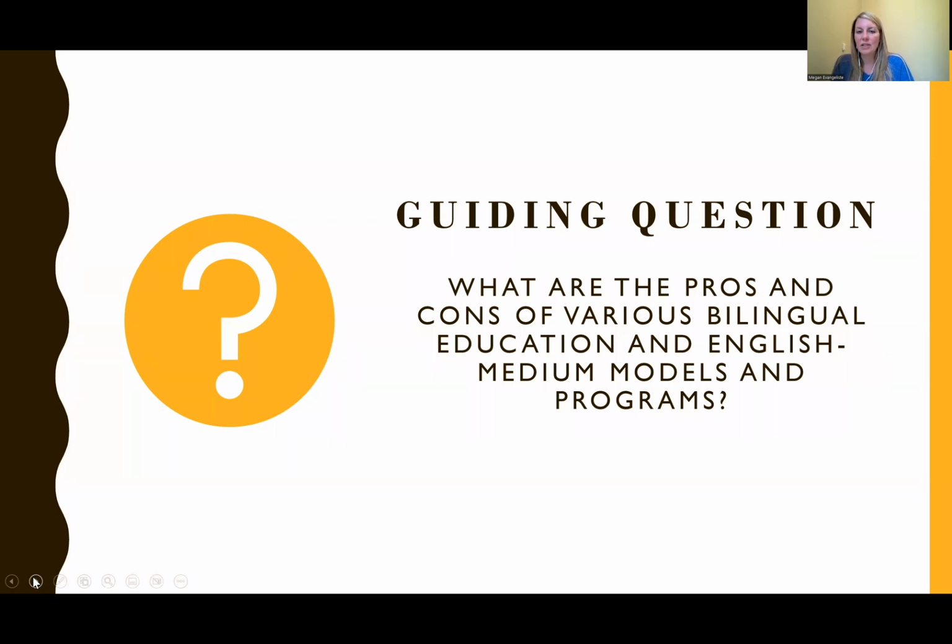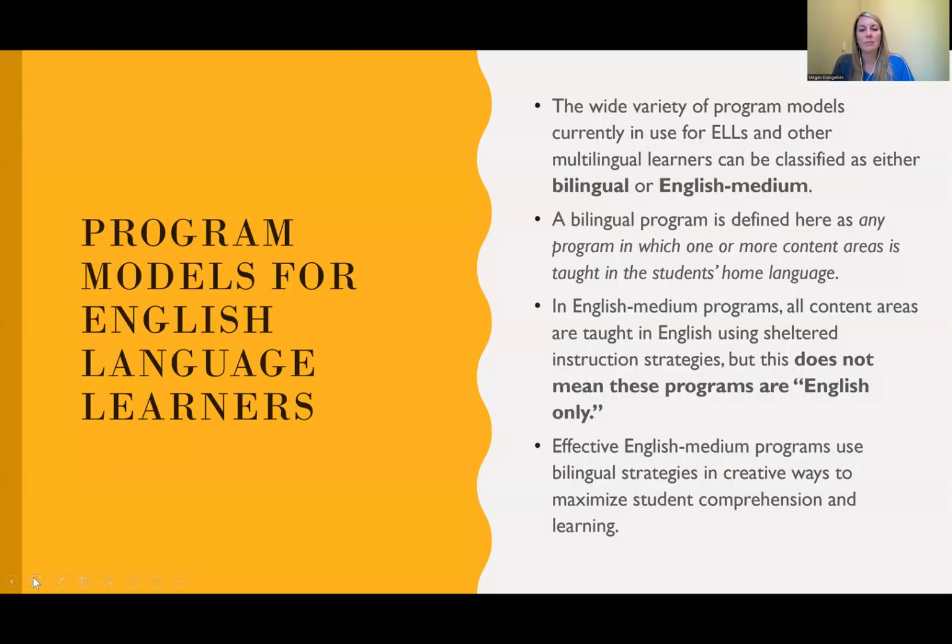So our next guiding question is, what are the pros and cons of various bilingual education and English medium models and programs? There is a wide variety of programs currently in use for English learners that can be classified as bilingual or English medium. A bilingual program is defined as any program in which one or more content areas is taught in the student's home language.